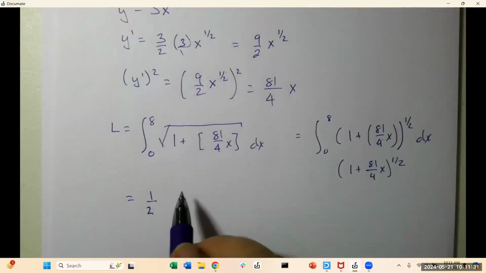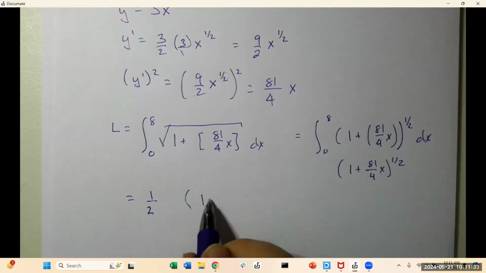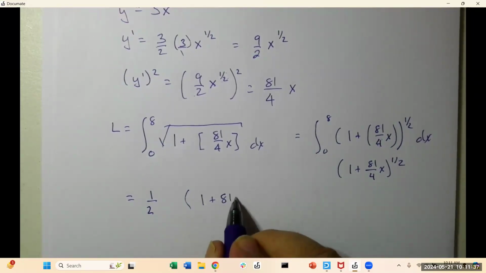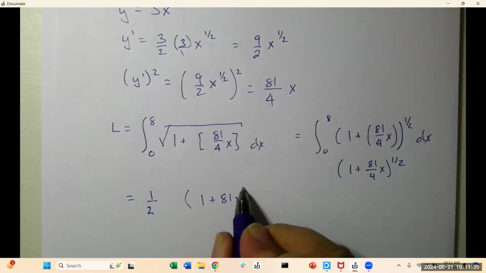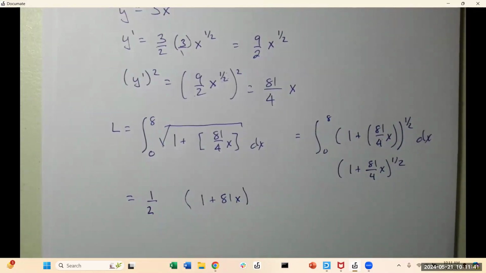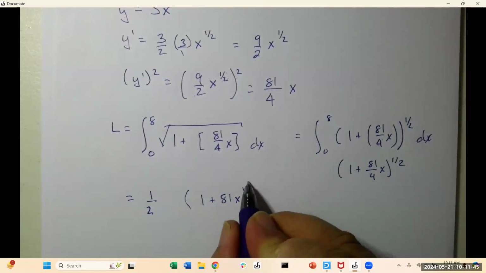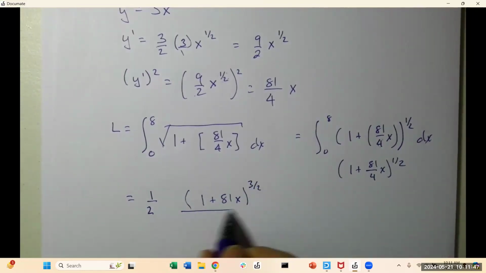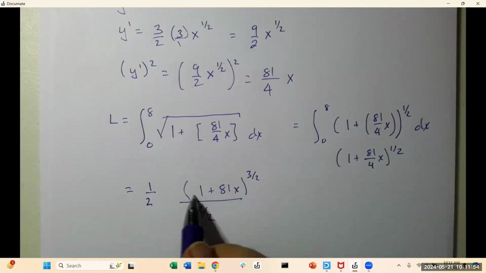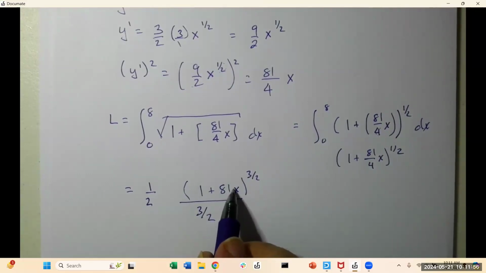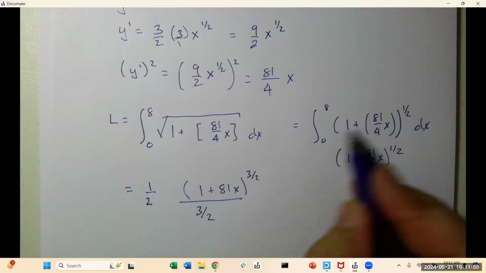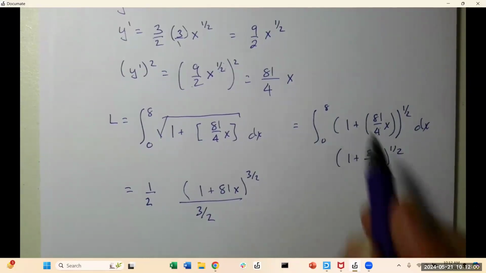Now for the exponent, we have to add 1 to the exponent, which makes it 3/2, and we have to divide by it. Now, the 81, because if we take a derivative of this, we have to have just the regular function.